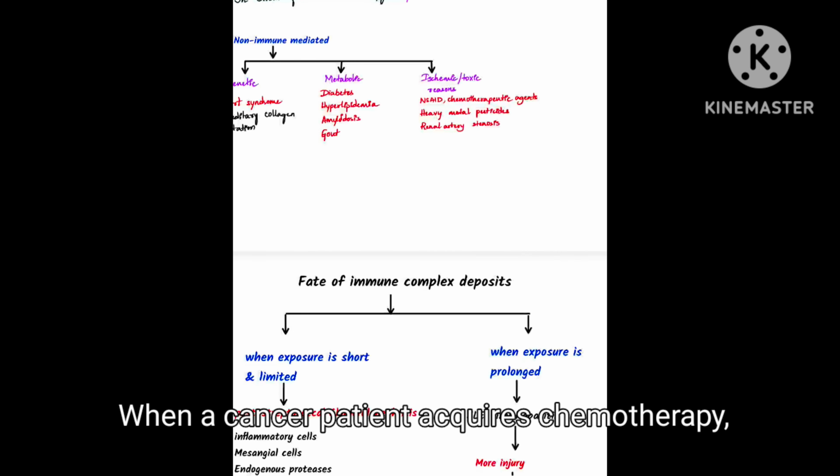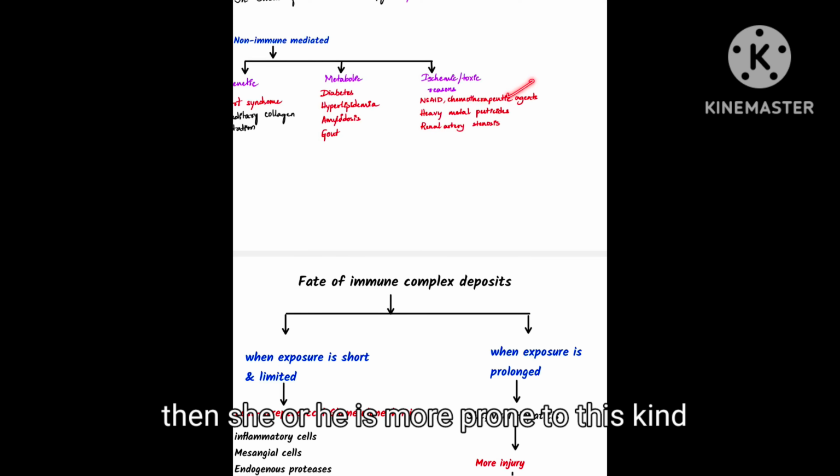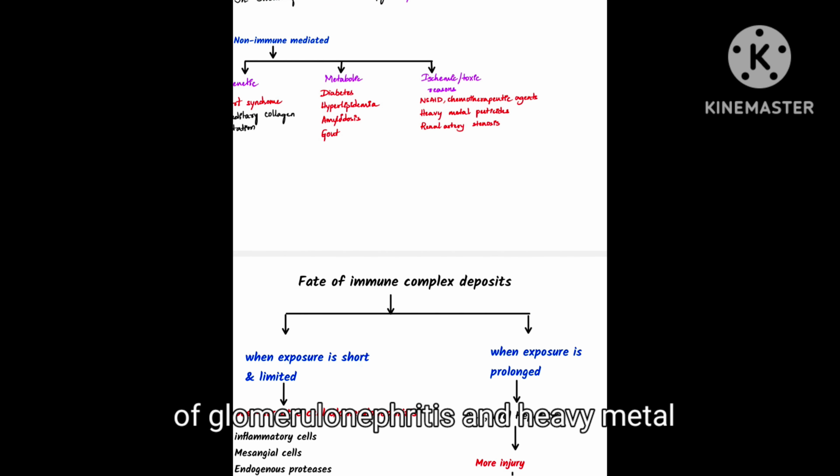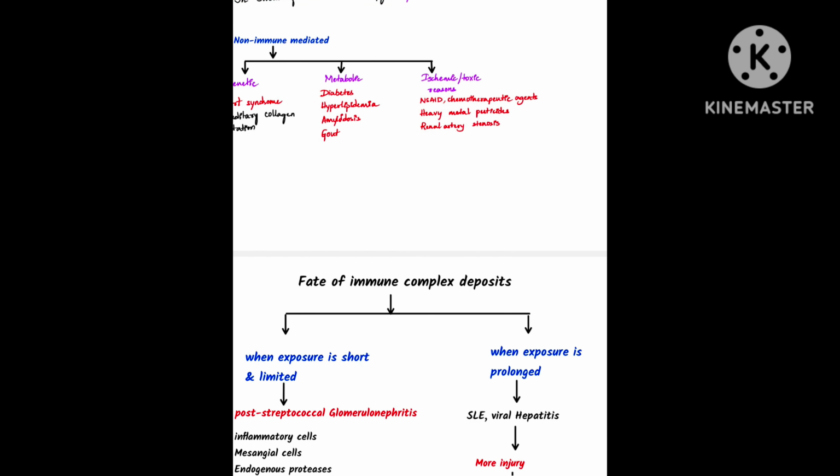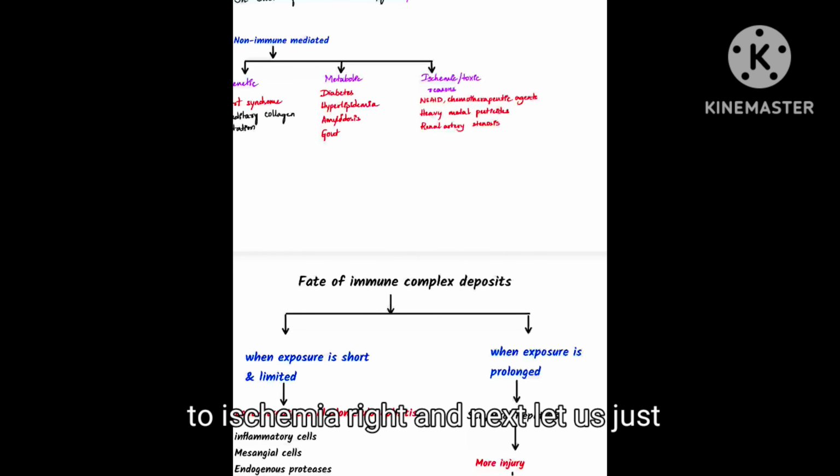When a cancer patient receives chemotherapy, they are more prone to this kind of glomerulonephritis. And heavy metal pesticides, especially for those working in factories. And renal artery stenosis, which leads to ischemia, right?